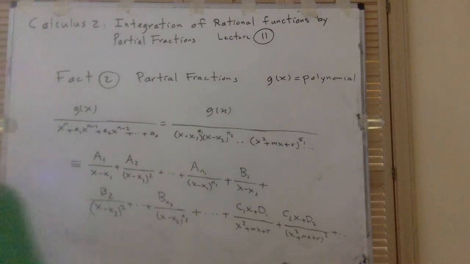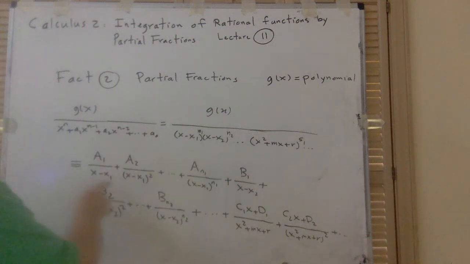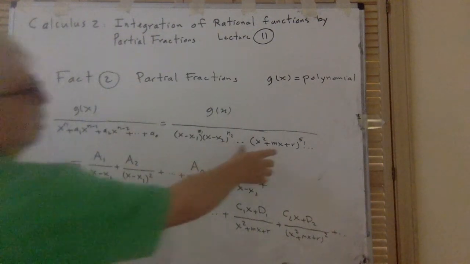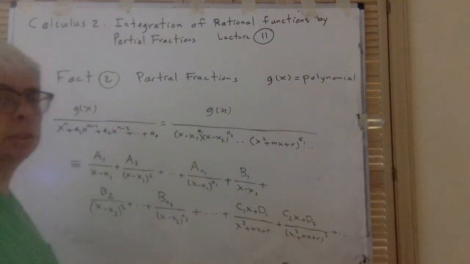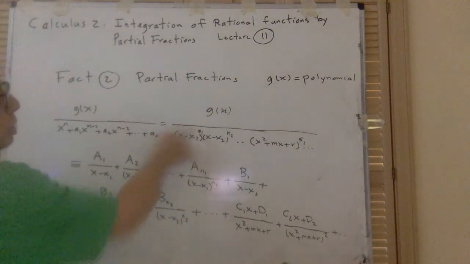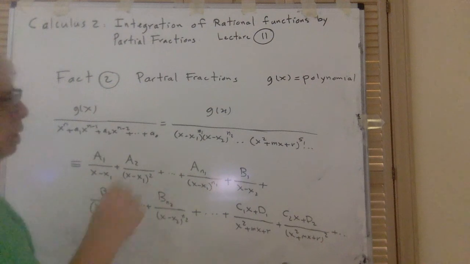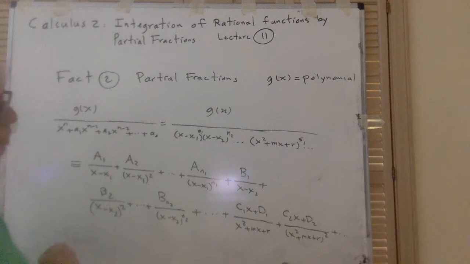So for every factor like this, if the exponent is n1, we have n1 components. And also, if this is s1, we have s1 components like this. And those components have this thing in the denominator, starting with exponent 1 and ending with exponent n1, and the other one too.